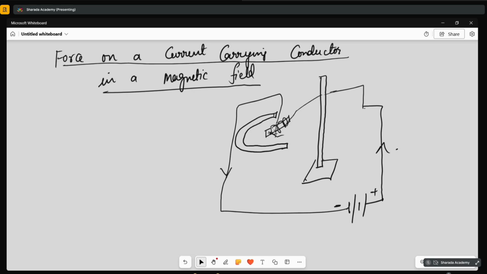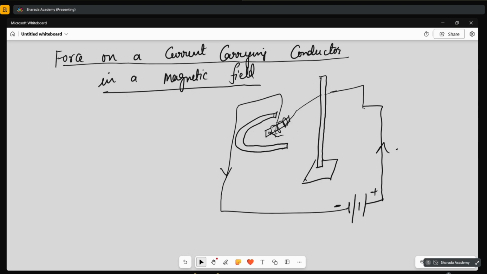So whenever there are two magnetic fields, what happens? If they have the same poles, they repel each other. When one pole is north and the other is south, they attract each other.